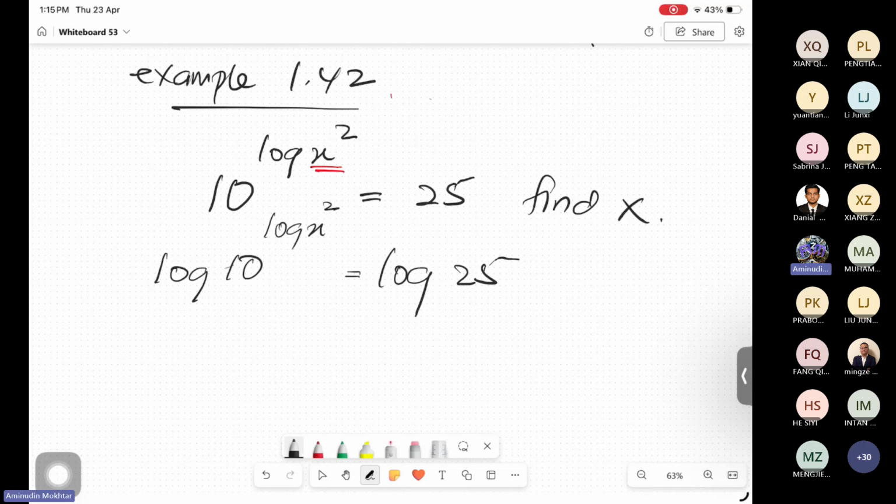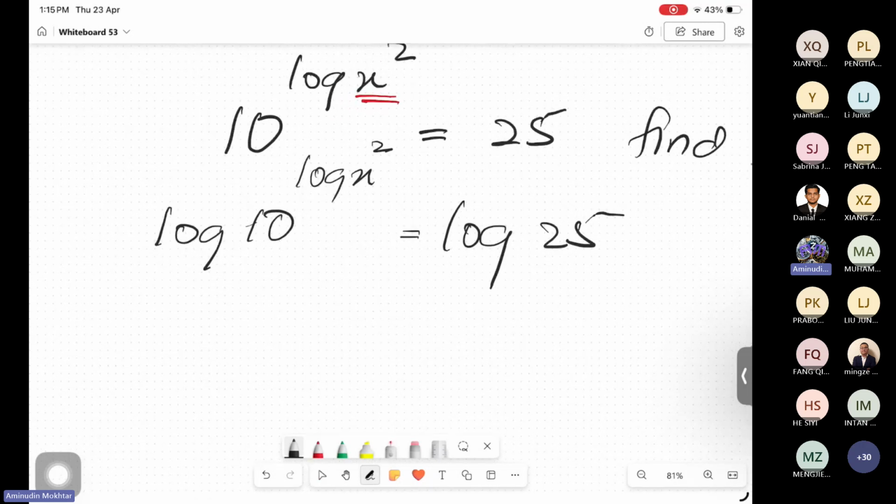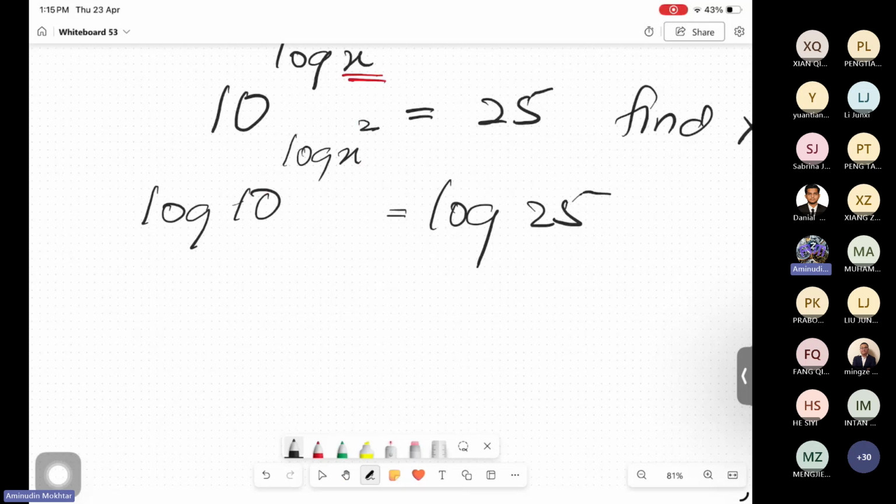Okay, we can change the exponent into the log. Now we have this power, and based on the log properties, we can bring this power down, as you can see from the previous example, and put it in front of the equation as a multiplier.